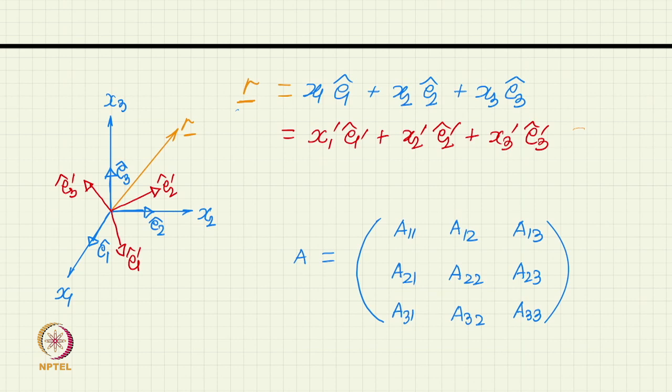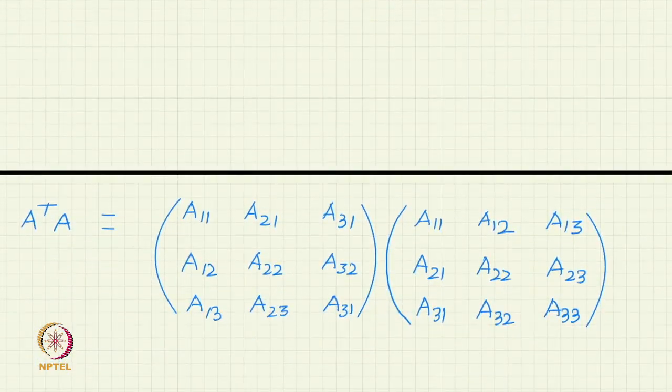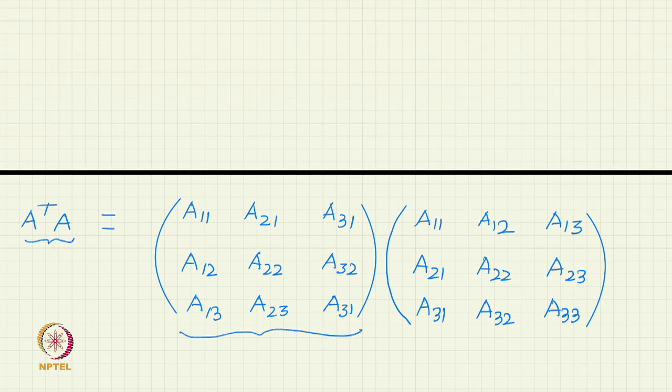Now, this matrix has a very interesting and unique property. To look at that property, let us look at the product A transpose A. This matrix is the transpose of A and this one is A.